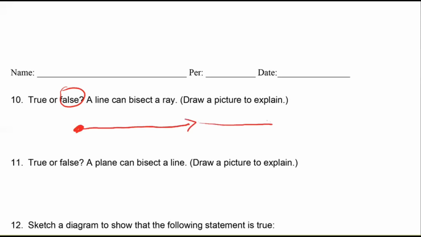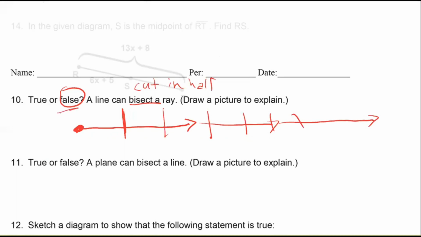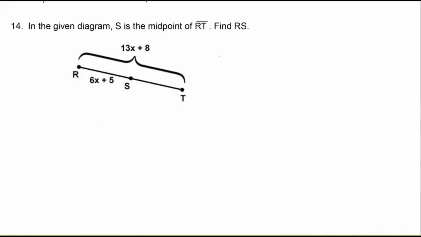It keeps on going forever. What does bisect mean? To cut in half. So then it can't bisect the ray because it's always moving. This half point is always moving. So no, false. I'll show you how to set this up.